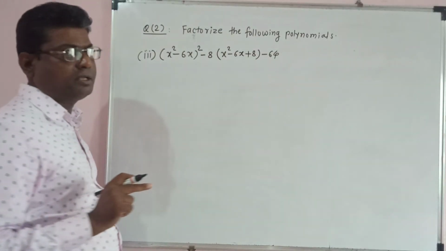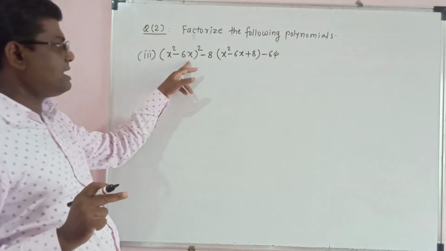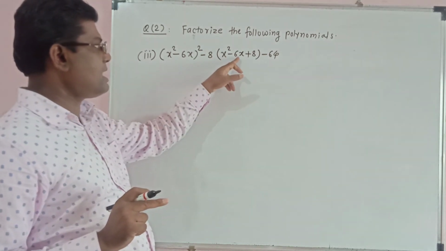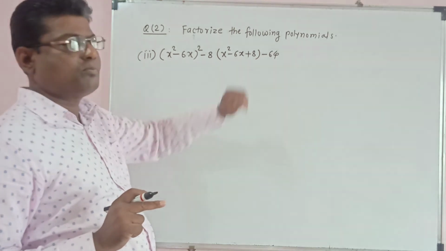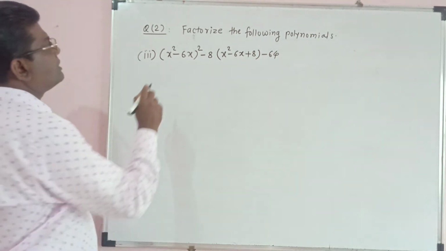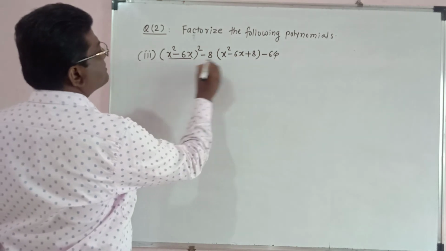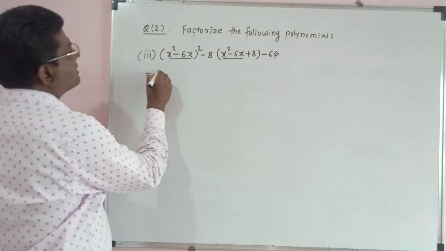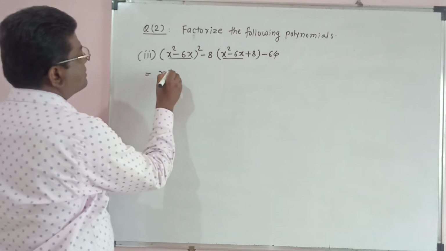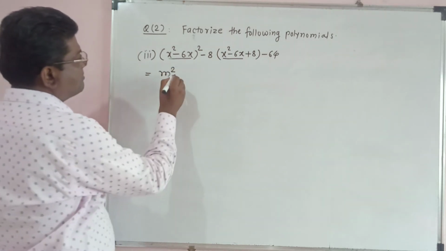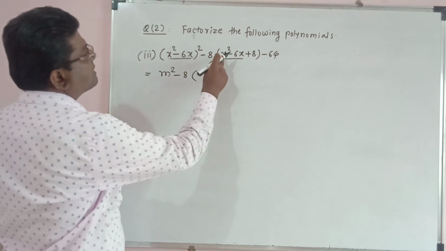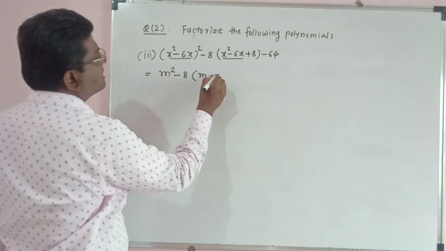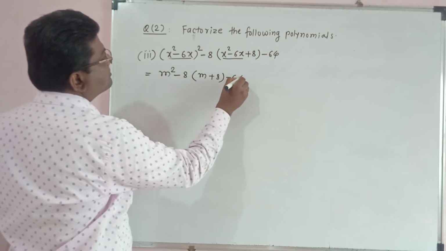Example number 3, (x square minus 6x) bracket square minus 8 in bracket (x square minus 6x) plus 8 minus 64. We put x square minus 6x is equal to m. Therefore it will be m square minus 8 in bracket m plus 8, minus 64.